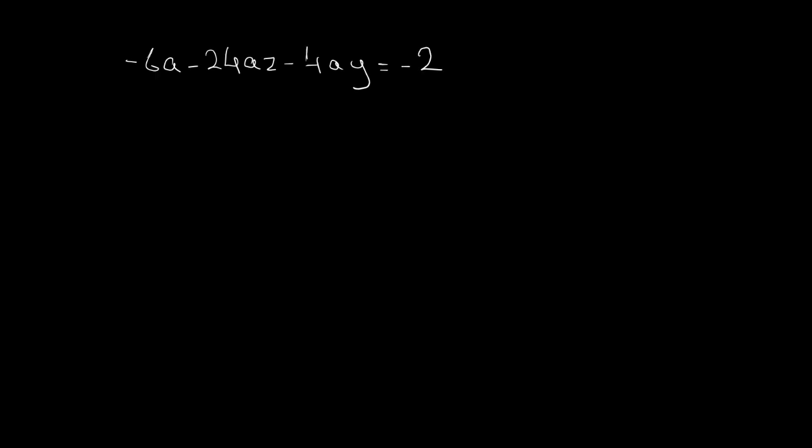And then you can see the a's are also common to all 3, so I can pick out an a. Then I'm going to be left with 3 here, then 12z here, because 12 times 2 is 24, and then plus 2y. So that's the way I'm going to get my factorization.